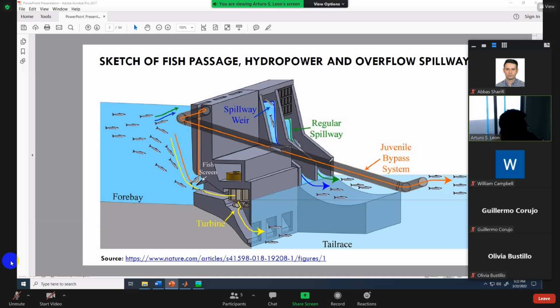But in some places, especially when you have a lot of water, the dam or the reservoir can do much more benefits than disadvantages.